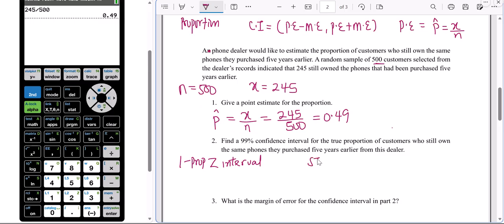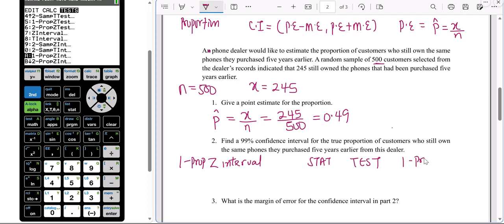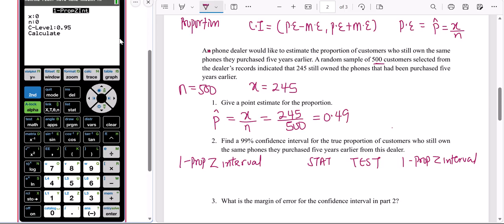To do this, we go to Stat, then Tests, and you come straight down to 1-PropZInt. You click on it, then you plug in the information. Our X is 245, N is 500, and our C-level is 99%, which is 0.99. Calculate.